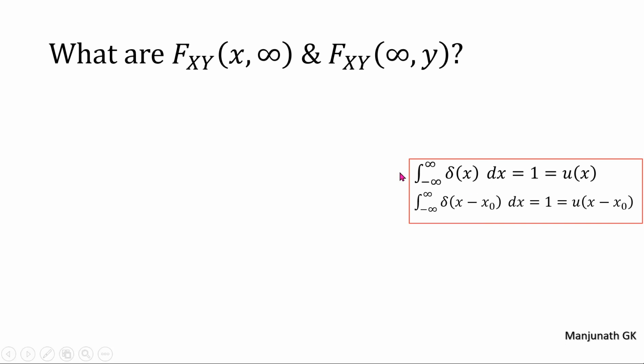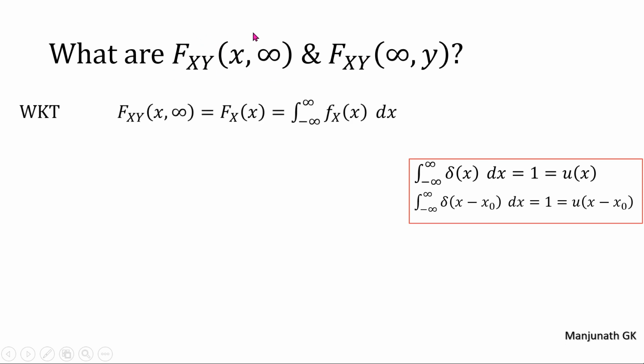Alright, let us calculate Fx of x and Fy of y. The bivariate cumulative distribution function reduces to Fx of x here, because the random variable y is providing a possible event, so this term is nothing but Fx of x.